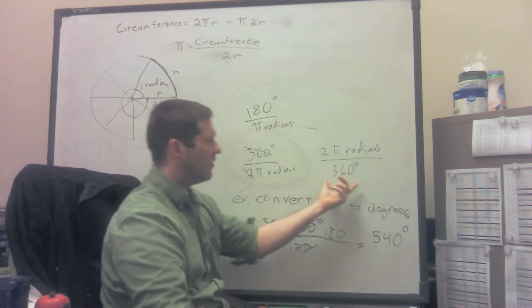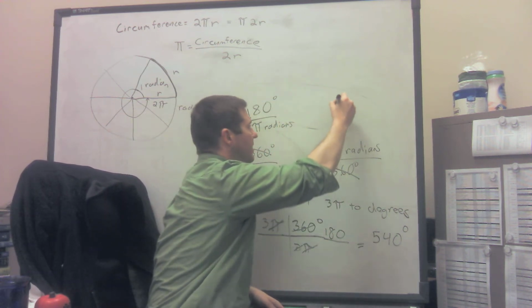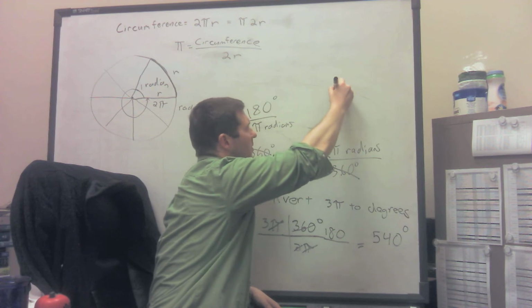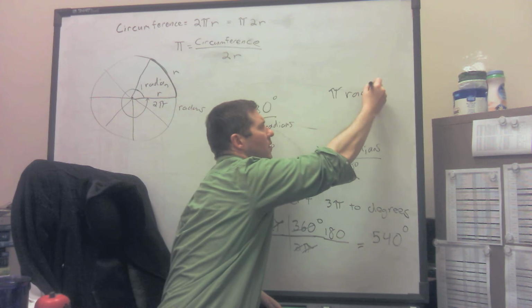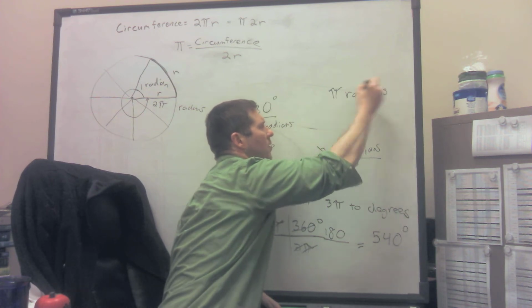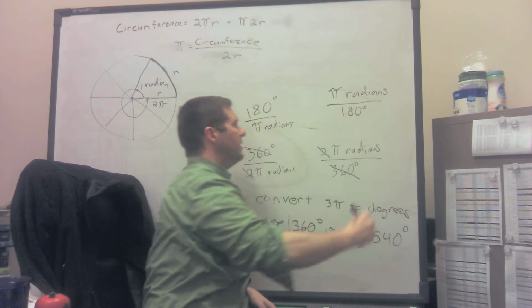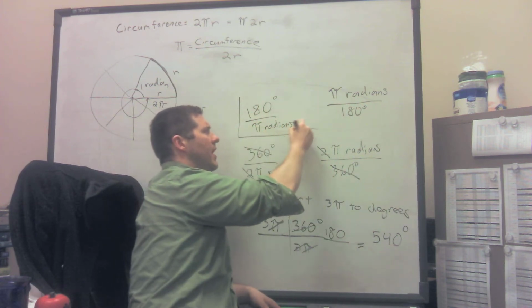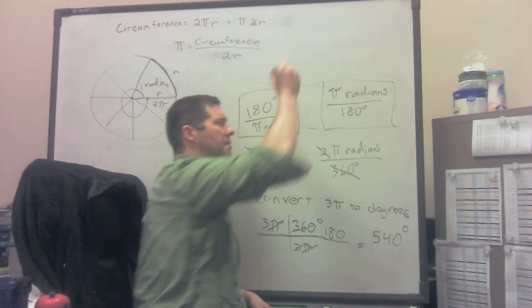Similarly over here, we could simplify the 360 and the 2 and get pi radians over 180 degrees. So those are the conversion factors you'll see in MyMathLab.